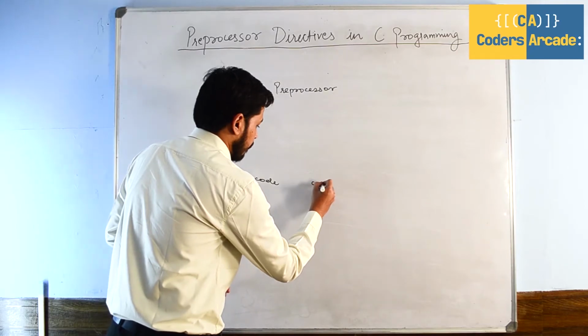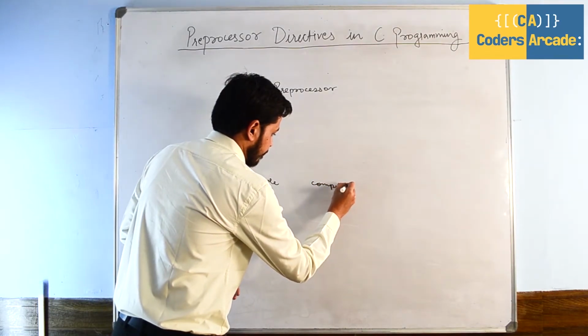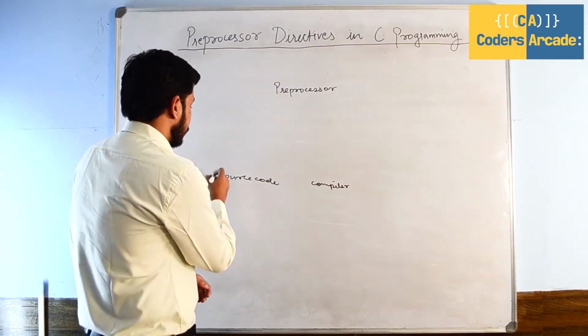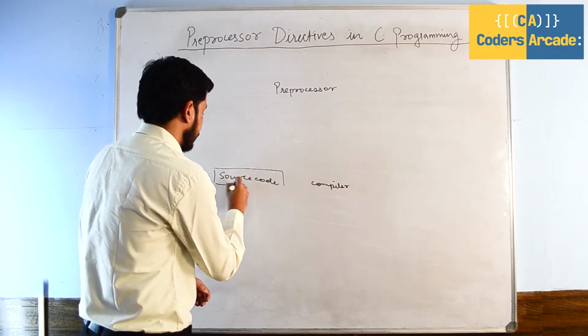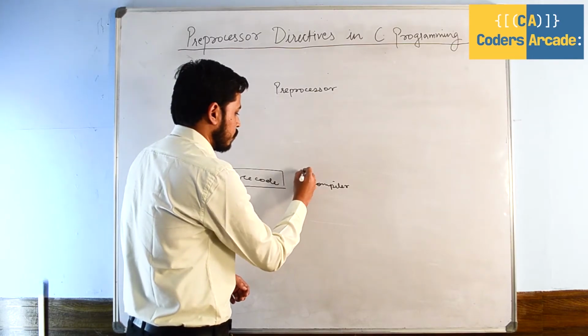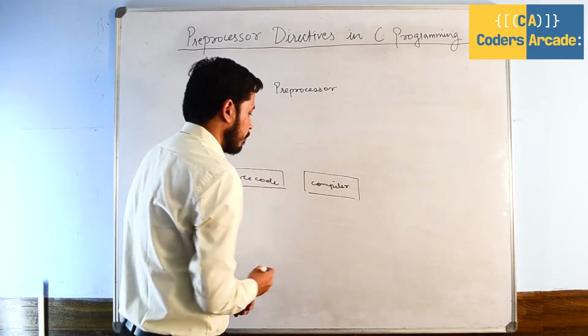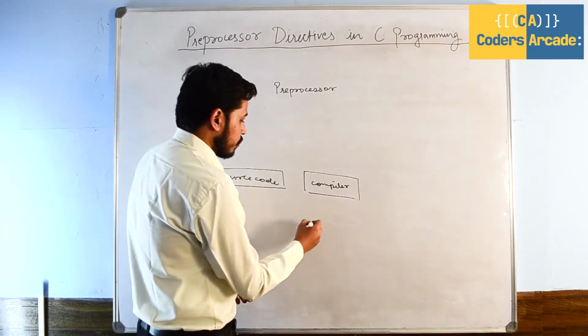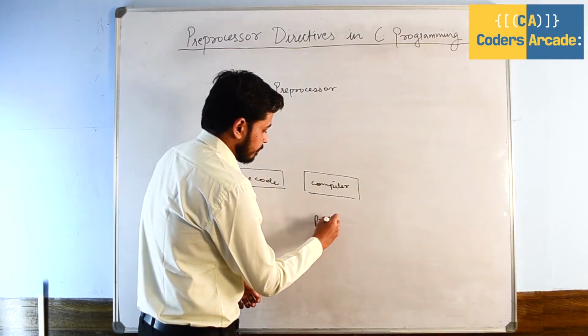So this is the compiler. And this is our source code. Before compilation, this preprocessor is going to preprocess the source code. So this is our preprocessor, let's say.